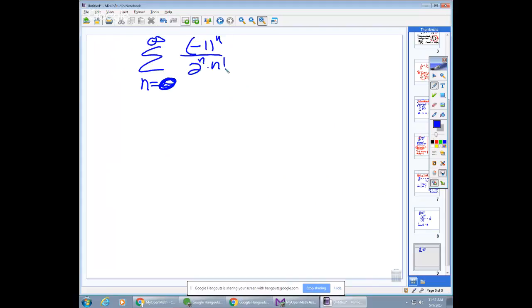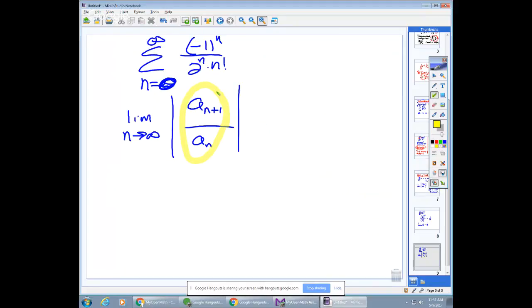With the ratio test, remember, that's the limit as n increases of the absolute value of some term we usually call a sub n plus 1 and the term before it, a sub n. Before I jump into the limit, I like to see what's happening algebraically inside there first.